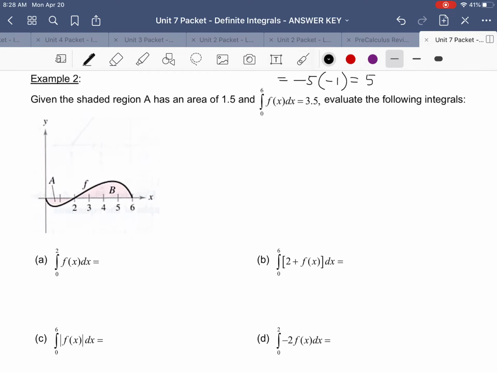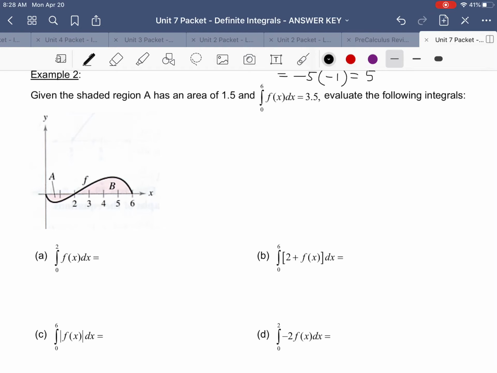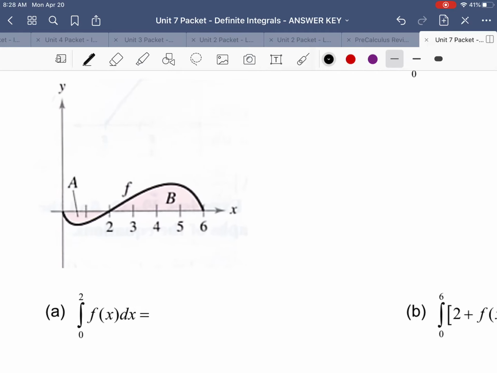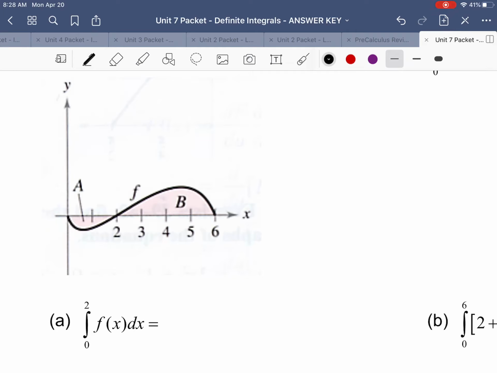All right. So what we're given here is a shaded area of 1.5. Now, they're telling us that it has an area of 1.5, but that can't be right. Later on in the unit, we're going to learn about the difference between a net area and a total area.